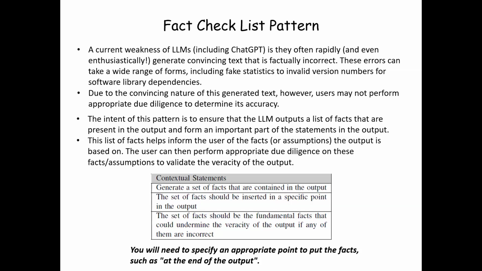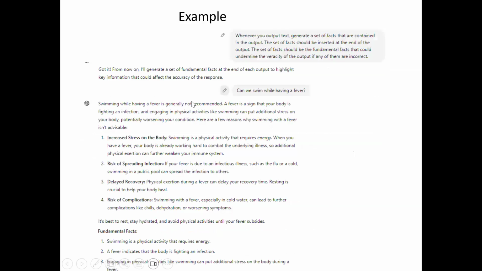We also tried this pattern. This is my input prompt in order to apply the fact checklist pattern: whenever you output text, generate a set of facts that are contained in the output. The set of facts should be inserted at the end of the output.